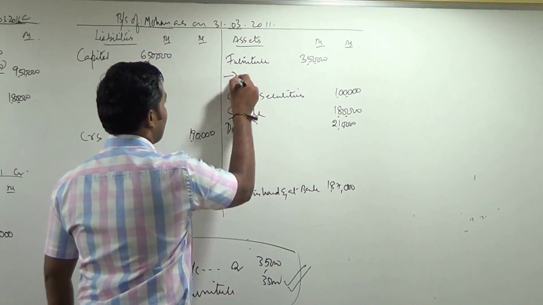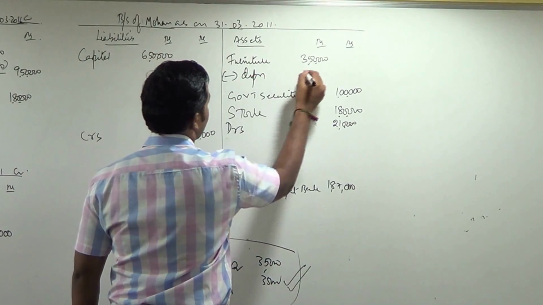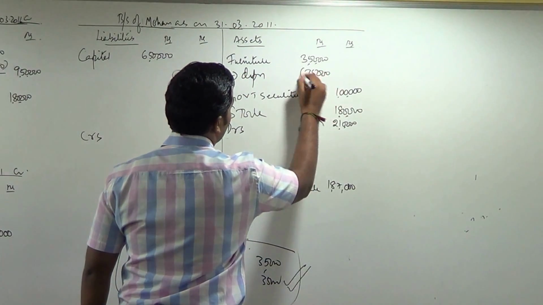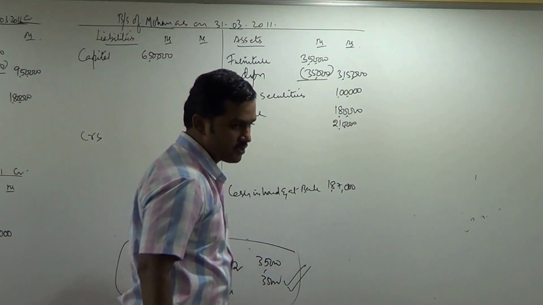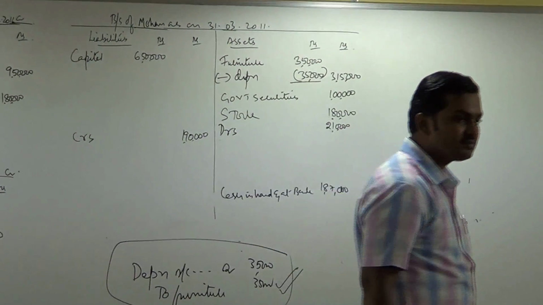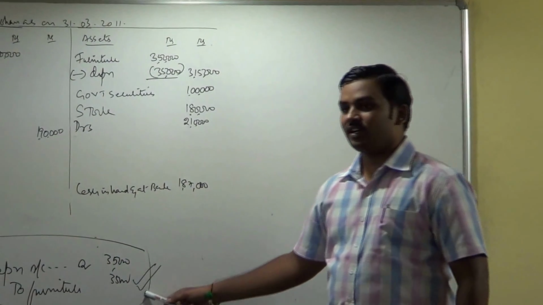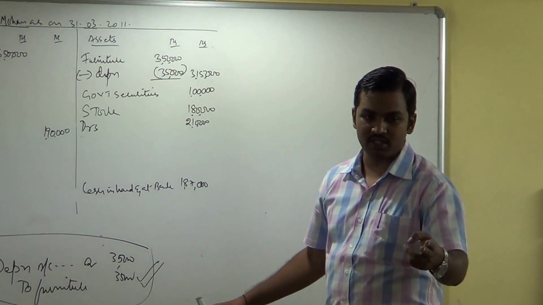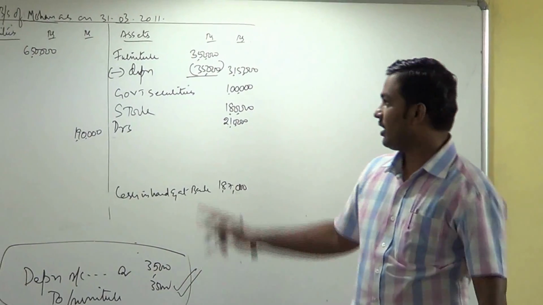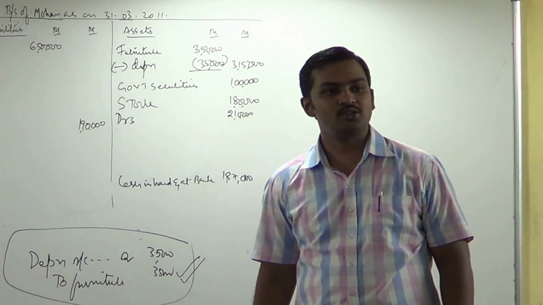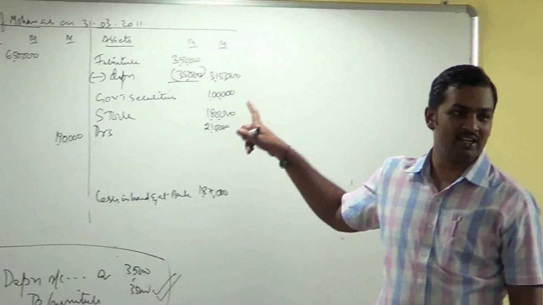Go to the balance sheet and write here less depreciation, 35,000. Outer column 3,15,000. Why am I subtracting? Because this entry is asking us to credit the furniture account. Crediting the furniture account means reducing the balance. Hence I am going to the balance sheet and reducing it directly, because the furniture account is hiding in the balance sheet.